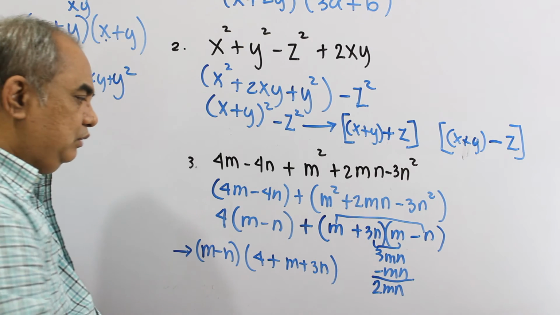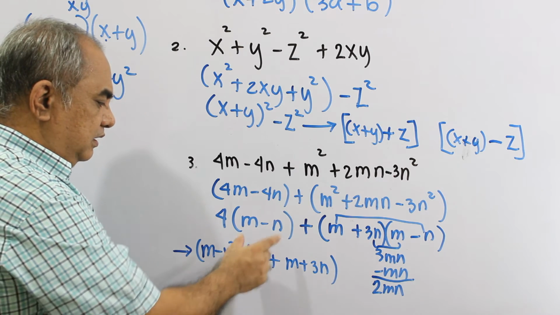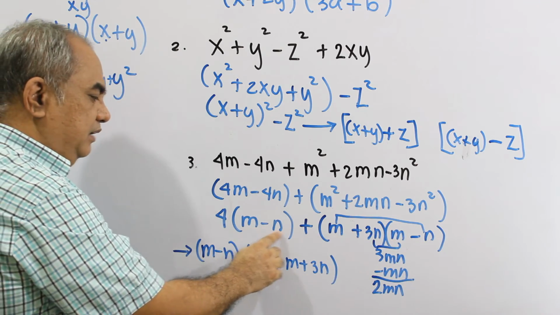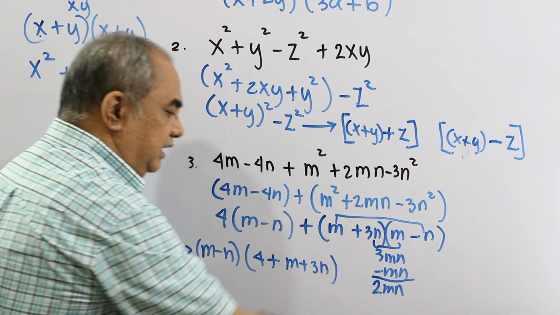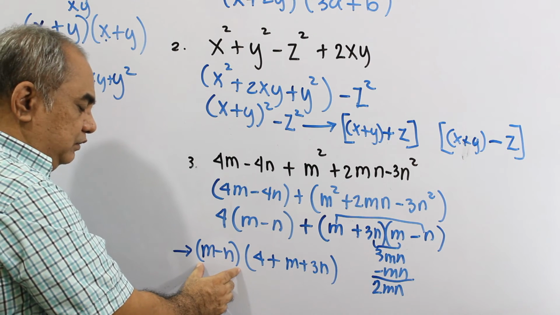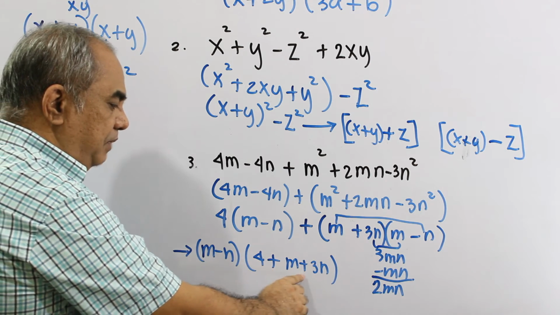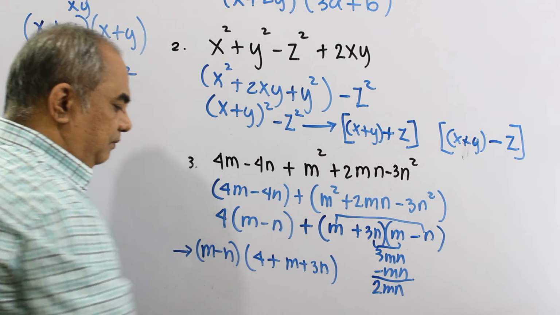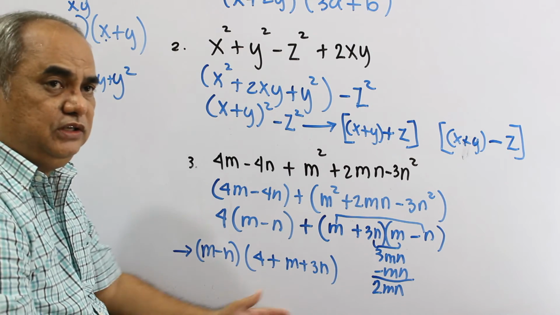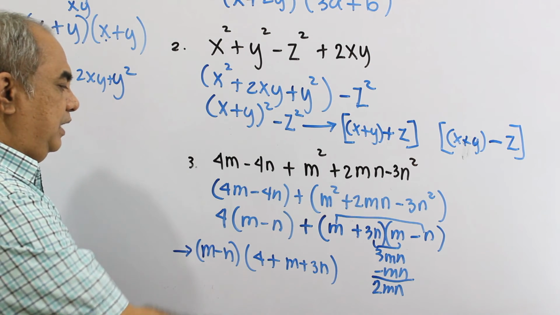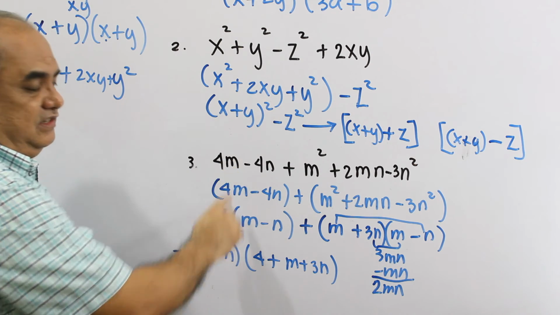And when we do that, we notice again that the common factor for these two groups now will be m minus n and another m minus n. And that is the thing that we factored out here, so that the remaining will be 4 and then the positive m plus 3n. And when we multiply this using the distributive product, then we will be able to arrive at an expression like this.